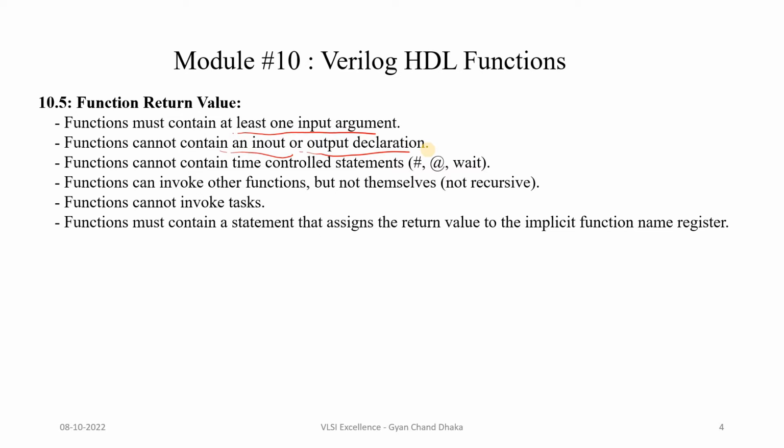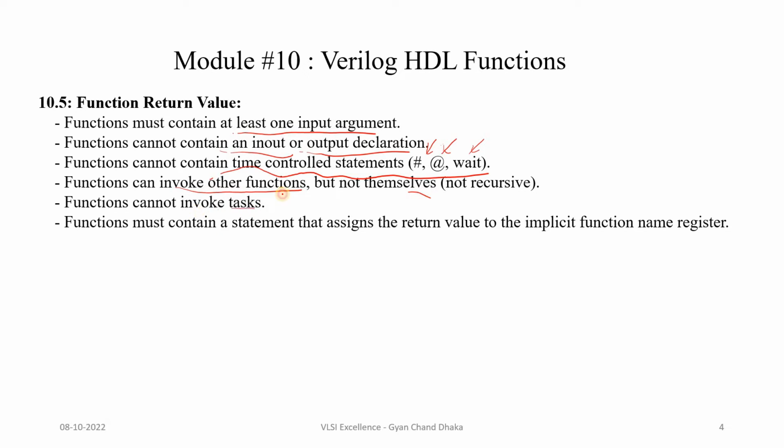A function cannot contain any timing control statement like the delay statement, the event control statement, and the wait statement, which we covered in our previous module. A function can invoke other functions but not itself. So a function cannot be recursive, but it can invoke another function.